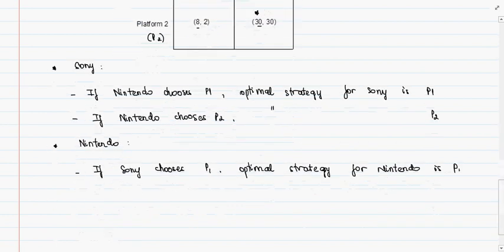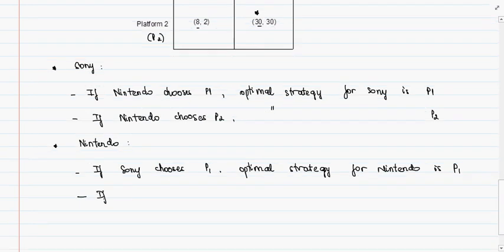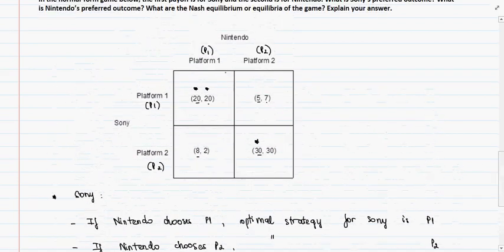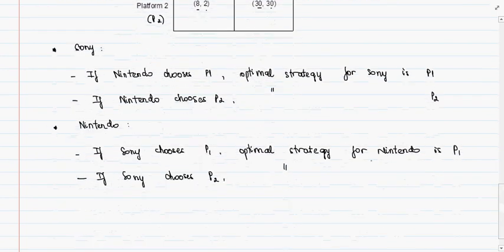Now if Sony decided to go with platform 2, what is the optimal strategy for Nintendo? We are looking at the second row, in which Sony is choosing platform 2, and Nintendo, by choosing platform 1, gets 2, choosing platform 2 gets 30. 30 is better than 2, so the optimal strategy for Nintendo in this case is to go with platform 2.